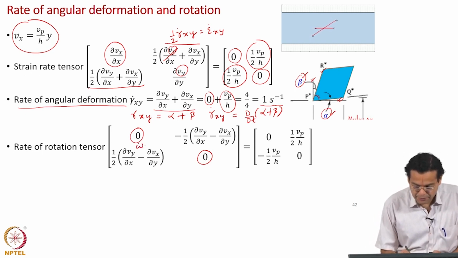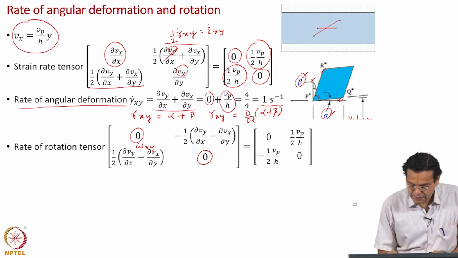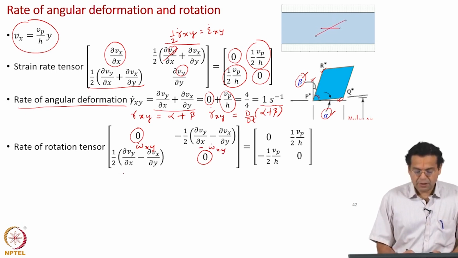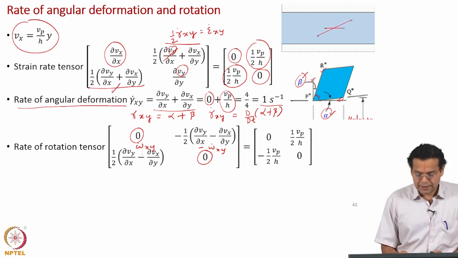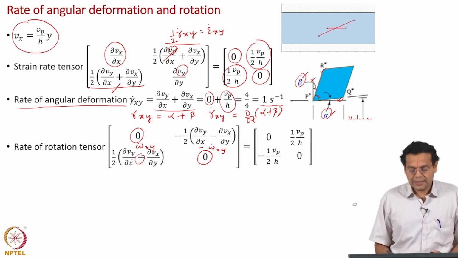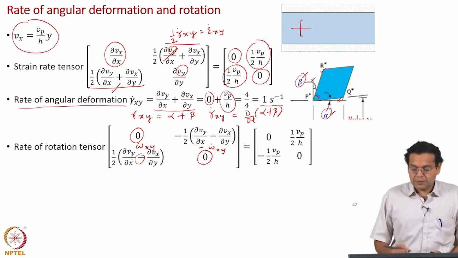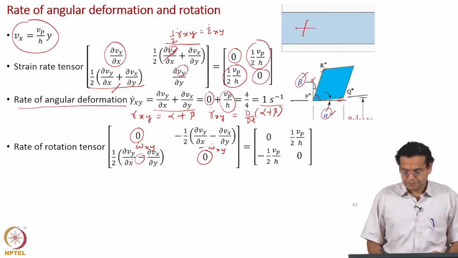This term is omega dot xy and this term is minus omega dot xy, and omega dot xy has the same expression as epsilon dot xy with the negative sign.